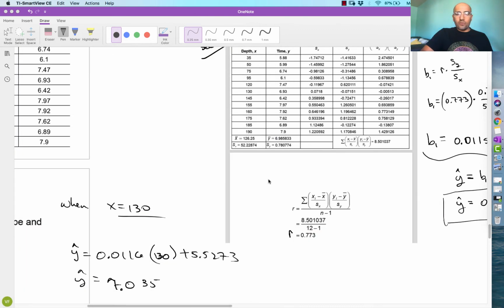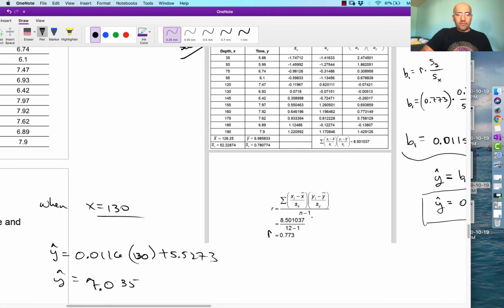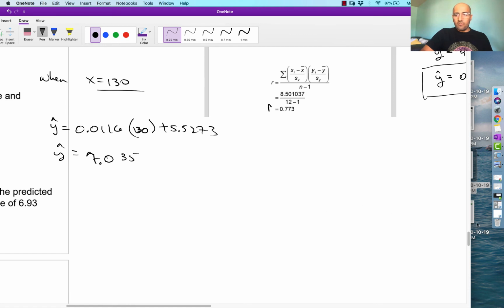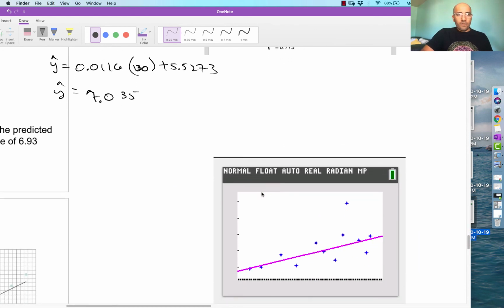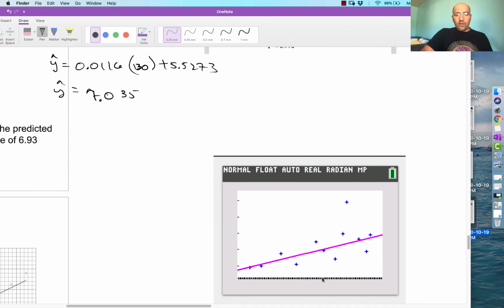Just to visually describe what that means. At 130, wherever that is, I'm not really sure where it is on this scale. I just want to visually point it out.